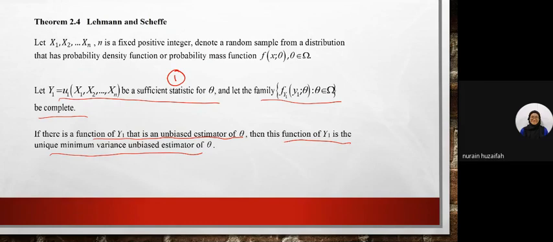Second, you need to show that the family is complete. Third, you find the unbiased estimator. This will result in the unique minimum variance unbiased estimator of theta, according to the Lehmann and Scheffé theorem. So that means three properties: sufficient, determine the family is complete, and show that Y1 is an unbiased estimator. Then it will result in the unique minimum variance unbiased estimator.